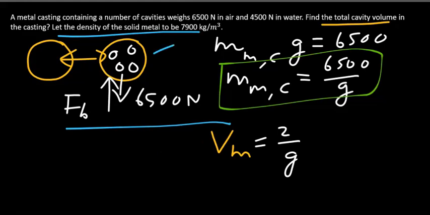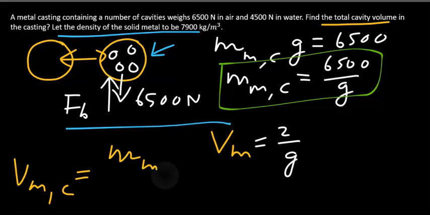Now let's see what is the volume of the metal containing the cavities. The volume of the metal containing the cavities is quite simply the mass of the metal containing the cavity divided by the density of that metal.